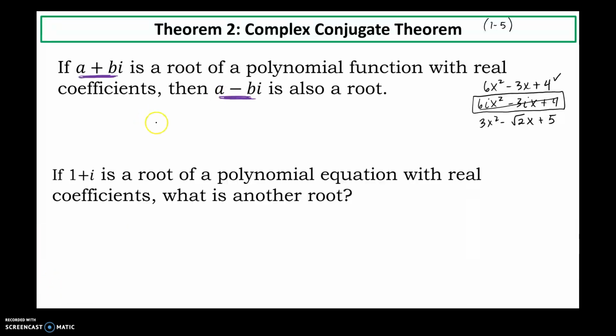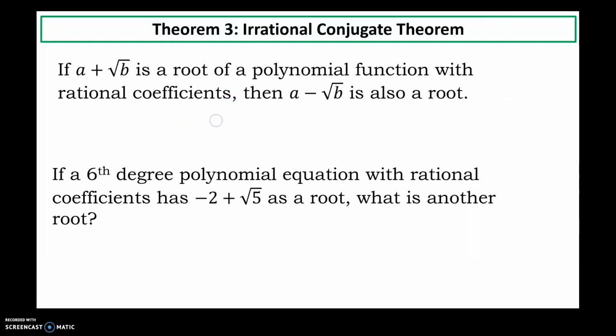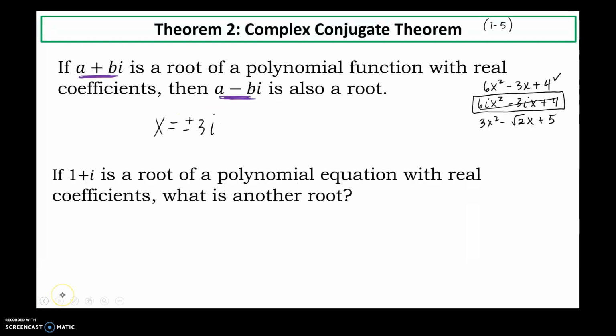Whenever we have an imaginary answer, it was always x equals plus or minus 3i. Or we would have, if we used imaginary and we were left with x minus 4 squared equals negative 5.